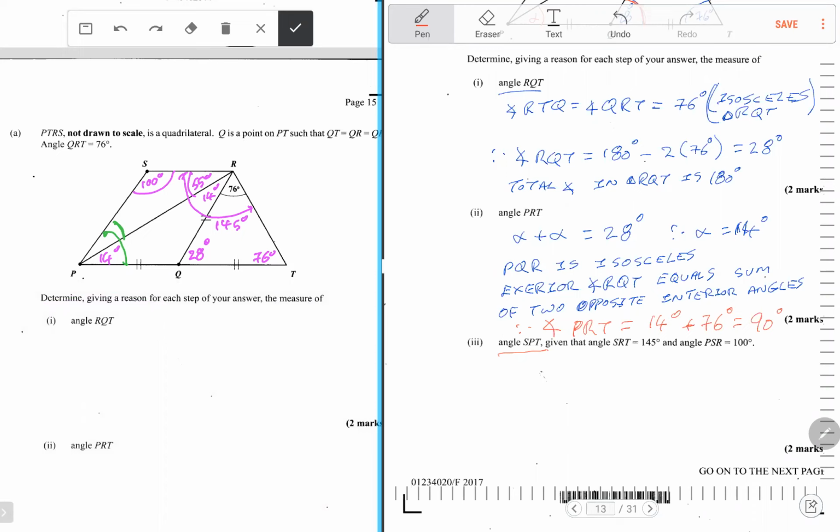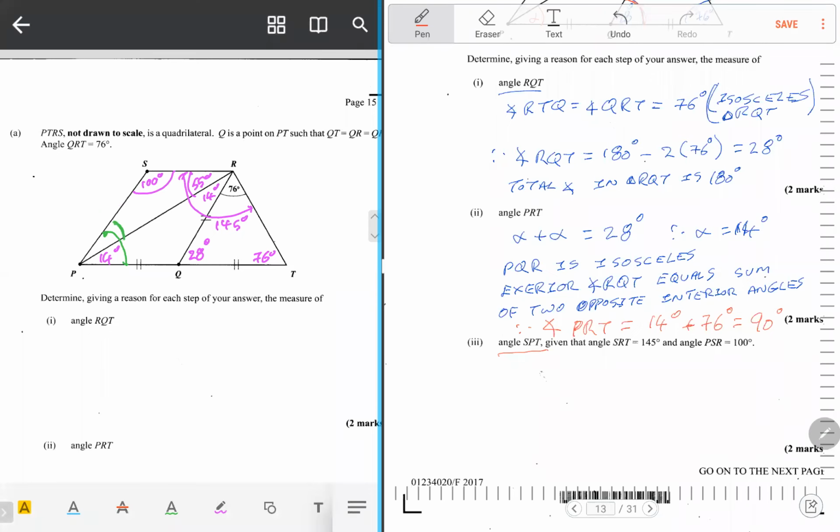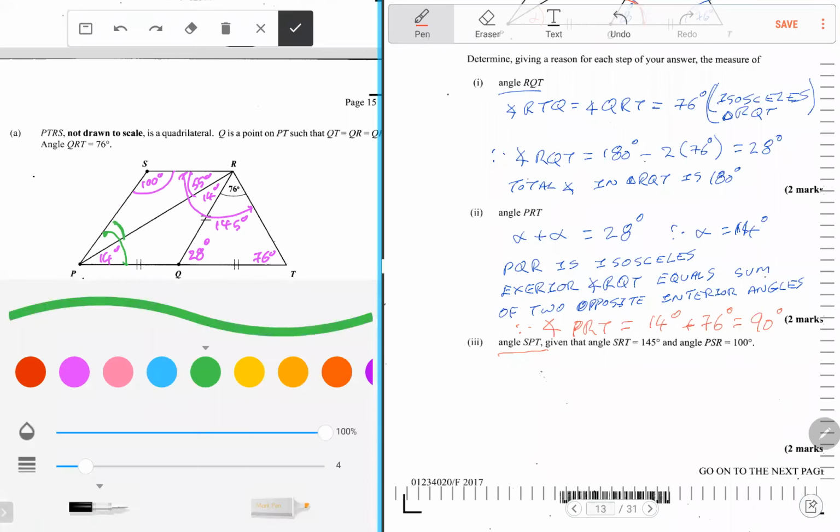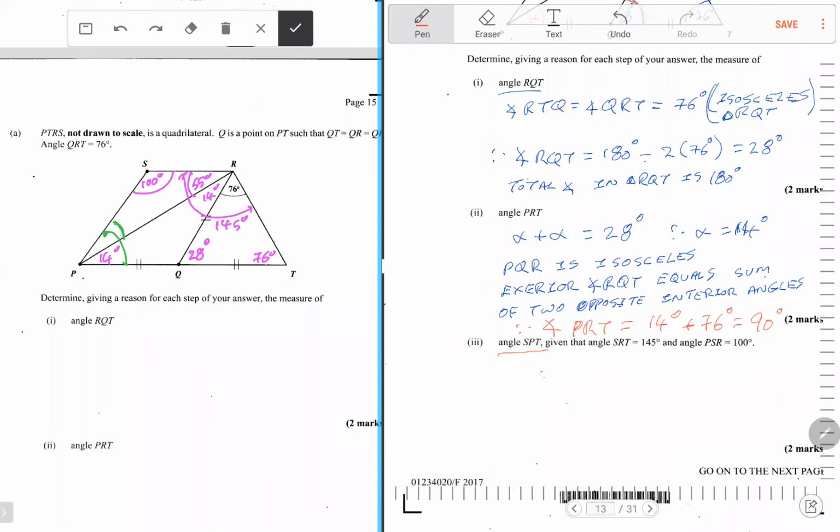The total angle in this triangle is 180. So that's going to give us the angle down here that we want. Let's mark it back in green. That angle that we want is going to be 180 degrees minus the 100 and the 55.